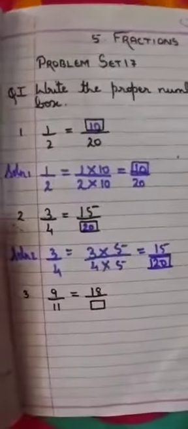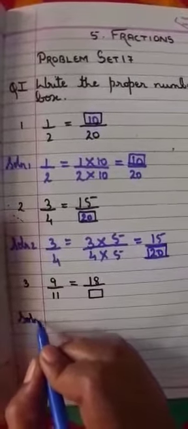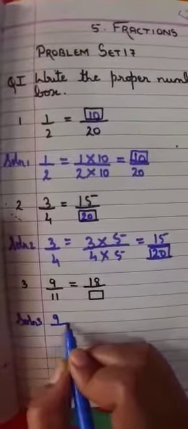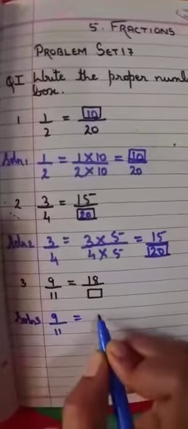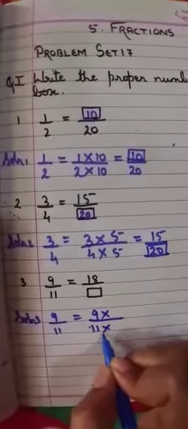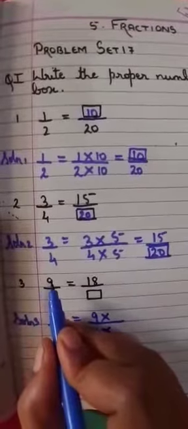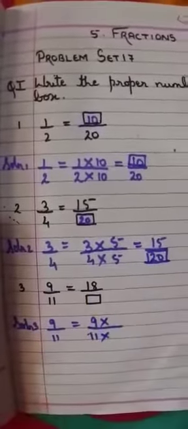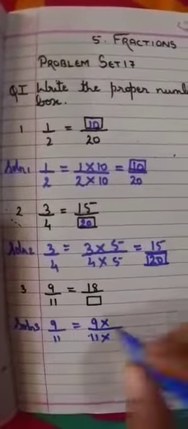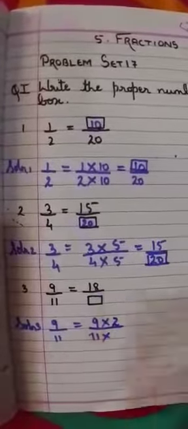20. Same as it is third sum. 9 upon 11. So 9 multiply by and 11 multiply by. So we have to multiply 9 with such a number that we get the answer 18. So 9 ones are 9, 9 twos are 18.